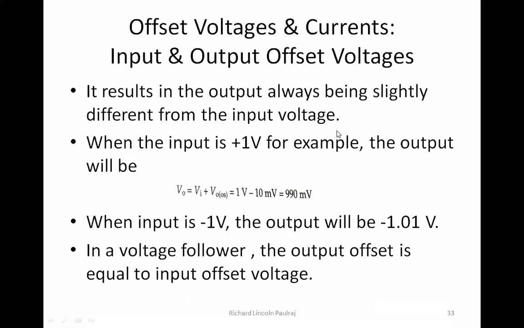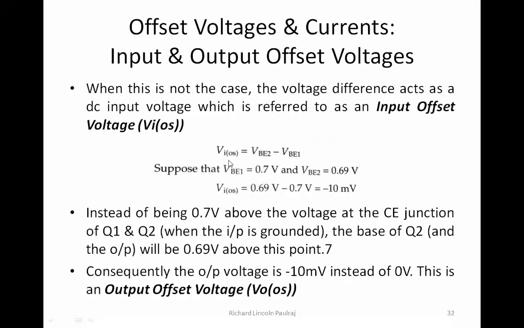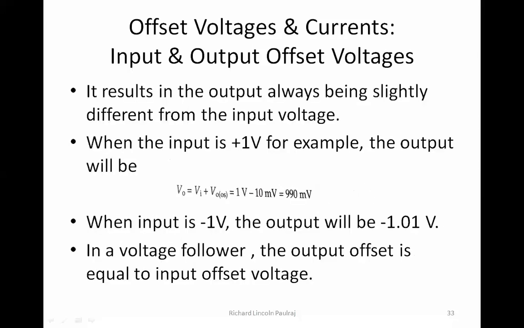Generally, what is the concept? We want the output values to be the same as the input values, right? But here, because of these changes in offset, 0.7, 0.69, you are seeing a difference of about minus 10 millivolts.